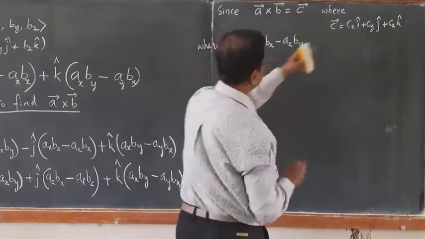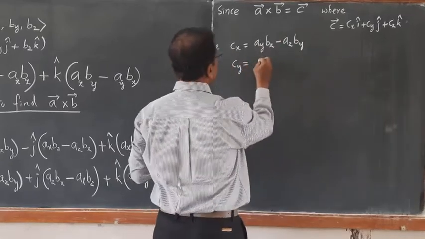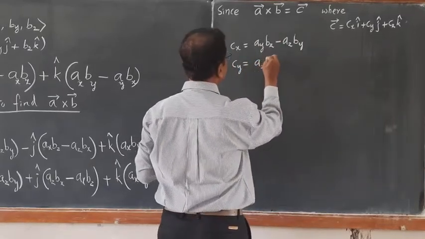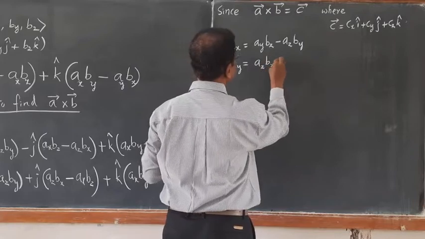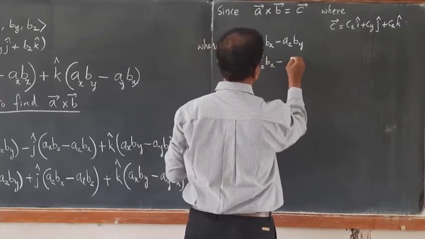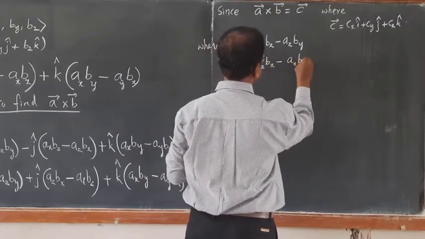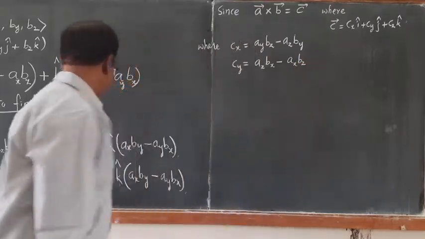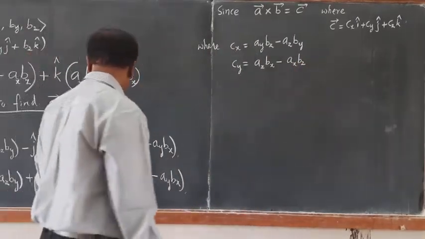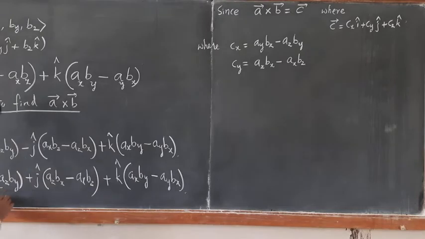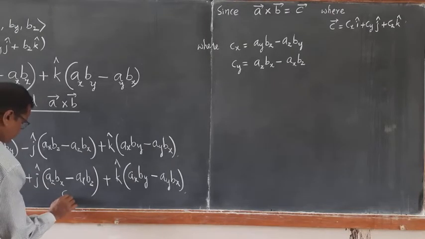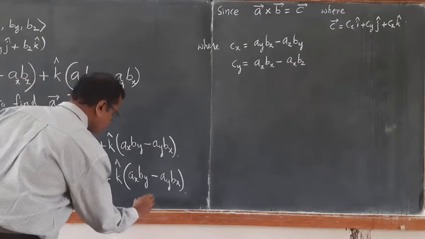Similarly, y component Az Bx minus Ax Bz. Same thing. So this is becoming Cx and this is becoming Cy.